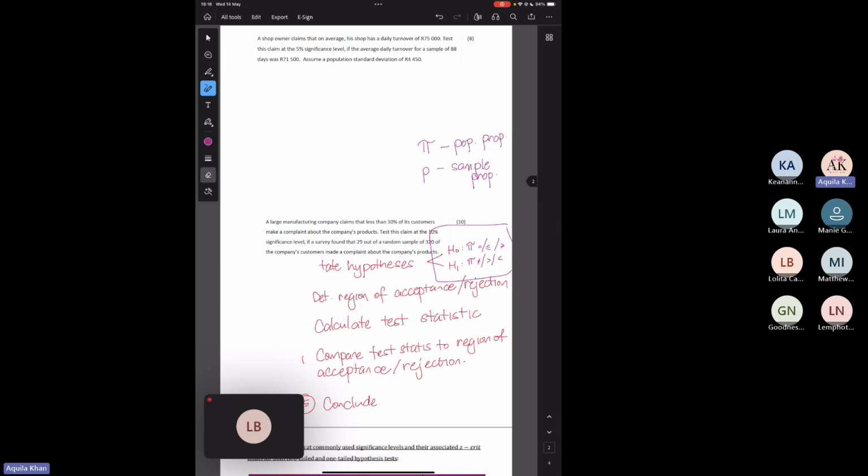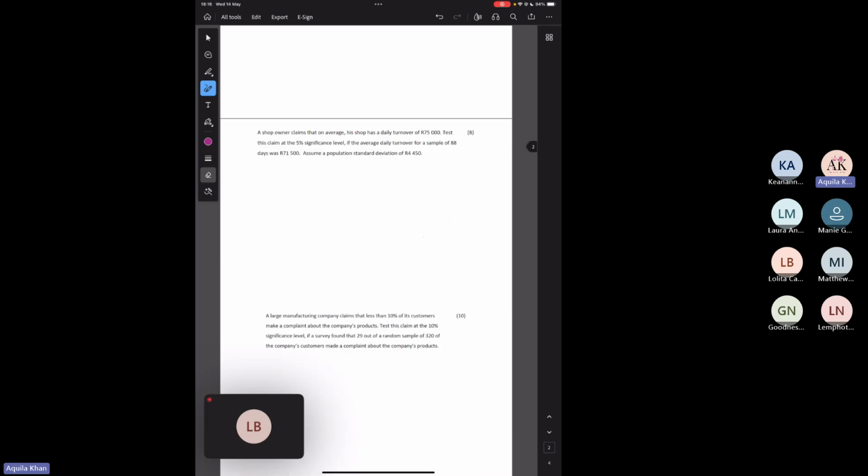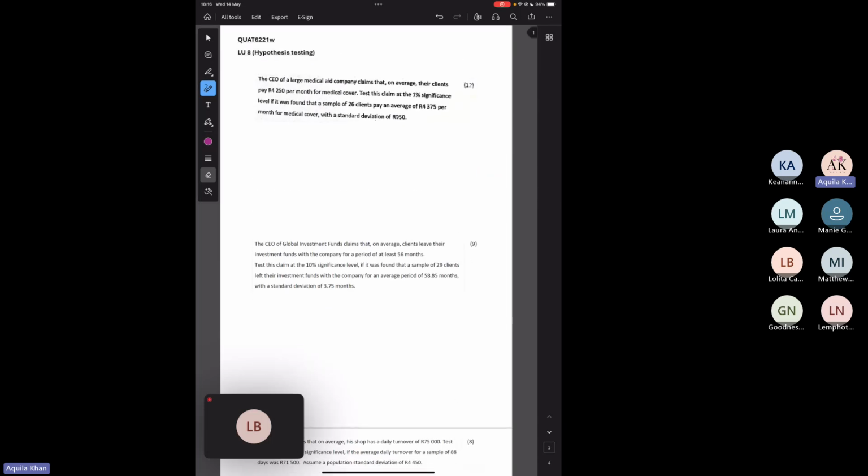When we're working with a mean, and this was what we did last week, what would help us to identify that we're actually working with a mean is that you would see the word average or the word mean used in the question. So I'm just going to take you back to the two questions we worked with last week.